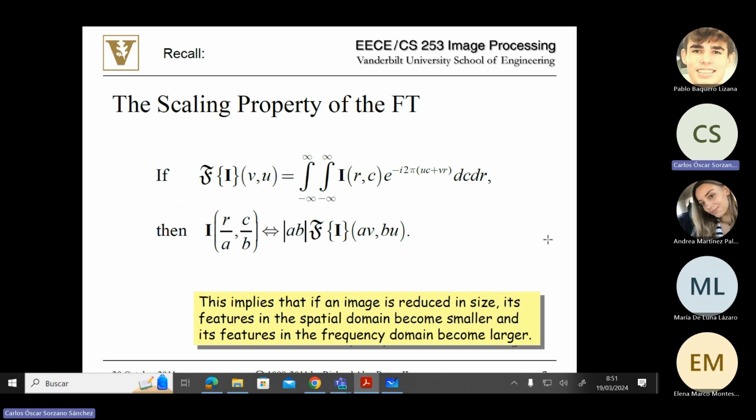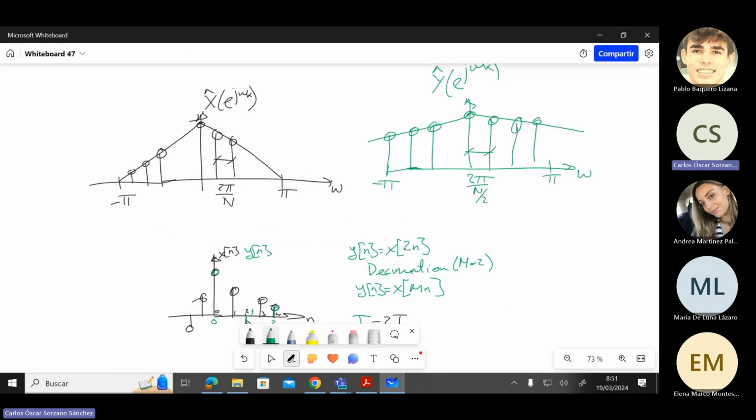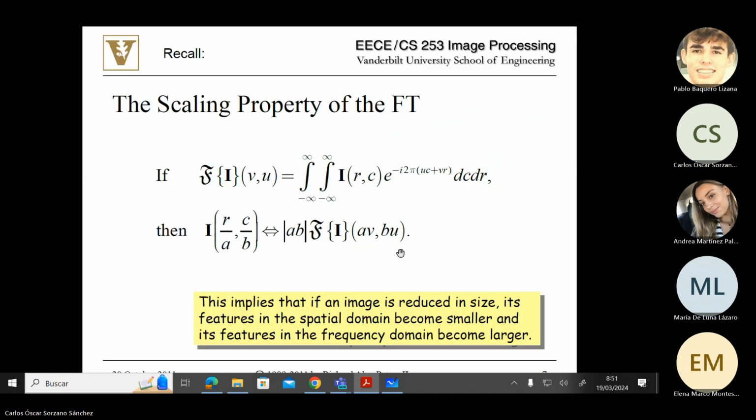Okay, so there is this scaling property of the Fourier transform. This first equation is just the Fourier transform. And then we have this relation. Okay, so look at these transformations. So in real space, we are multiplying by a factor. Multiplying or dividing by a factor is the same. So if you want to multiply by something, you simply divide by 1/2.